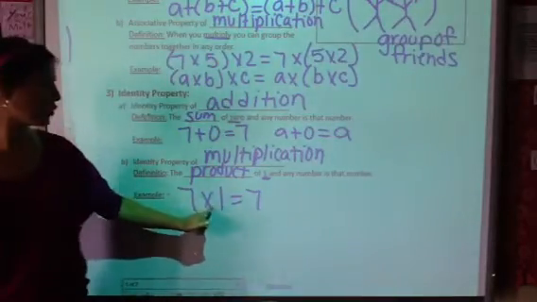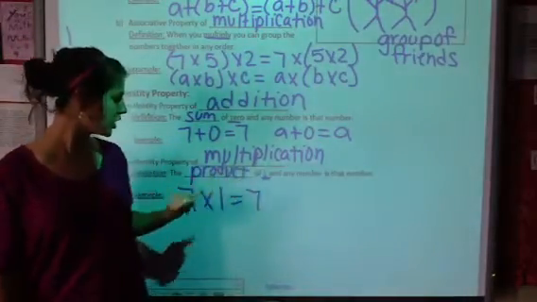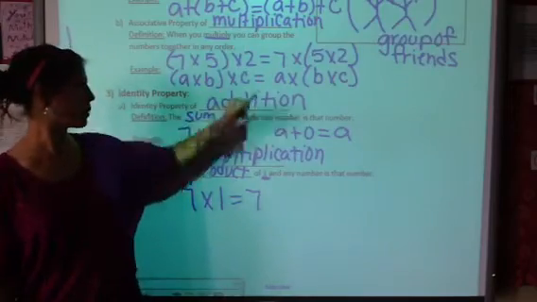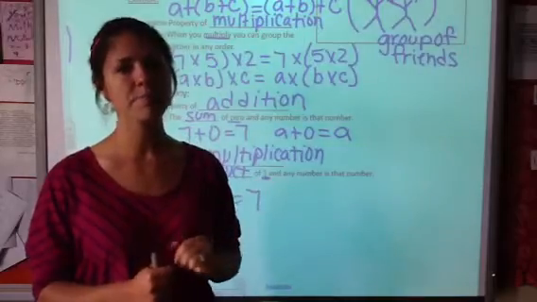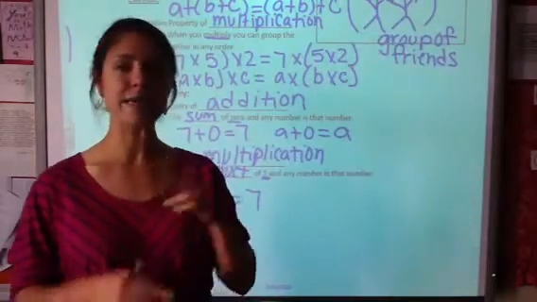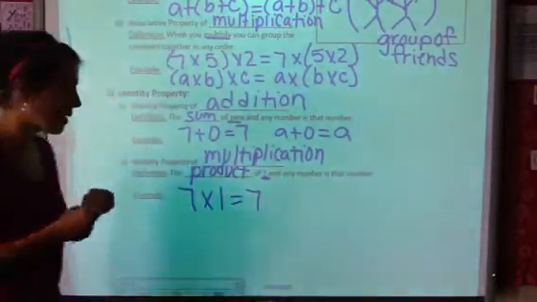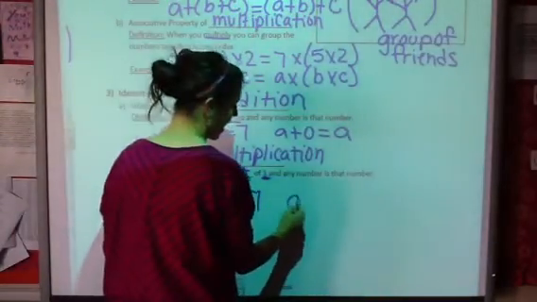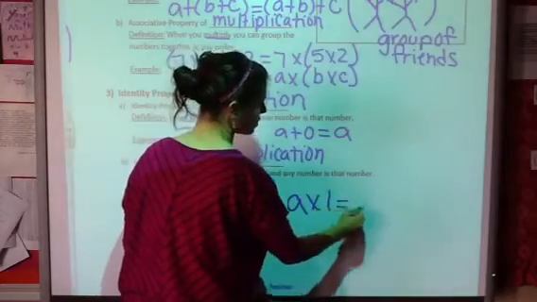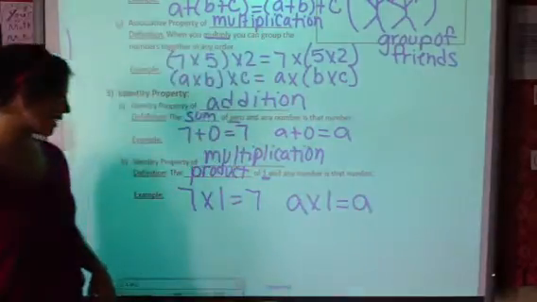So for the identity property of multiplication, we use 1. The identity property of addition uses 0, because any number plus 0 equals that number. But any number times 1 gives you that same number. So you want to keep the same identity. I want to get 7 when I have 7. So we can say that A times 1 equals A, and that's mathematically how we would write that.